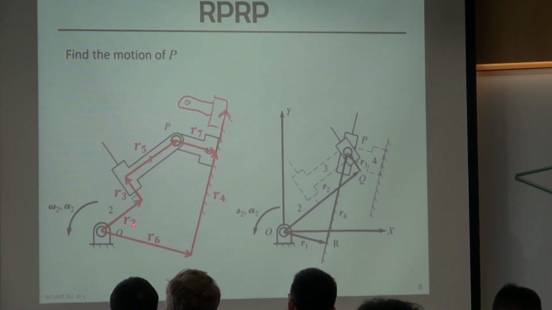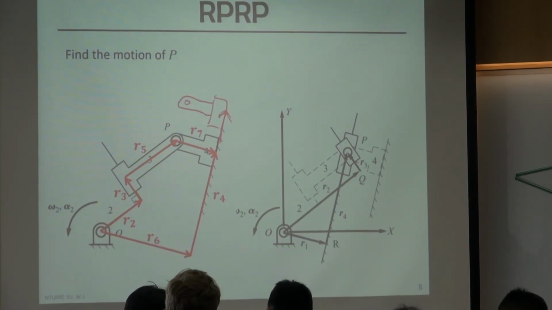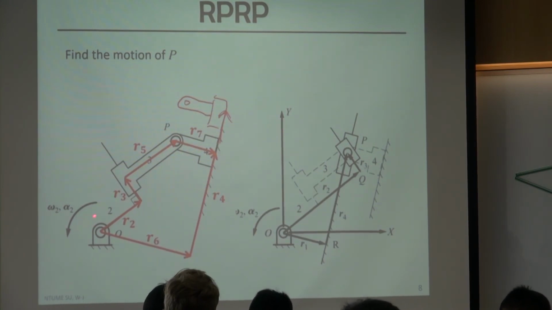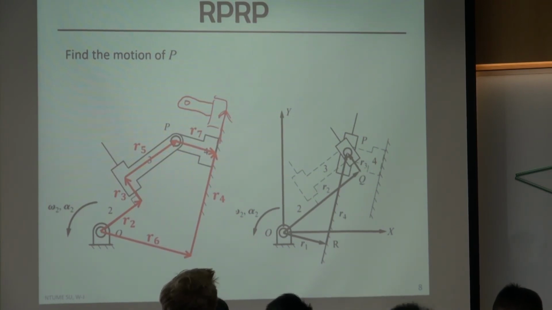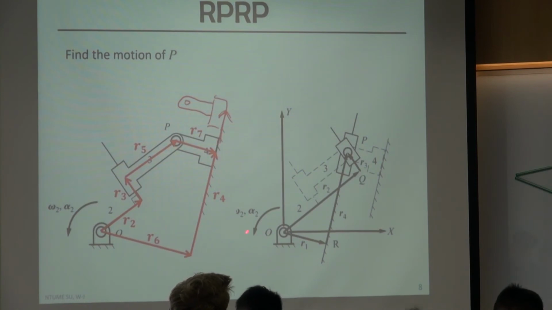The input is theta 2, the angle of link 2, so we also have a vector, R2, that puts the input information within this vector loop. So this vector loop should work fine, because we have information of both input and output. The motion of P will just be the length of R4 or the velocity of R4.